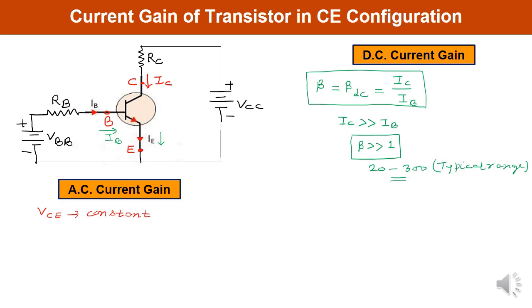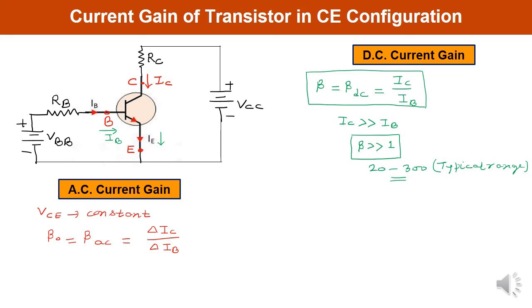AC current gain is denoted by beta naught, or it may be written as beta AC. This is the ratio of change in collector current to the change in base current, meaning delta IC upon delta IB.